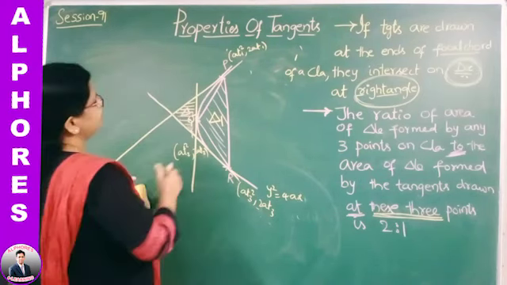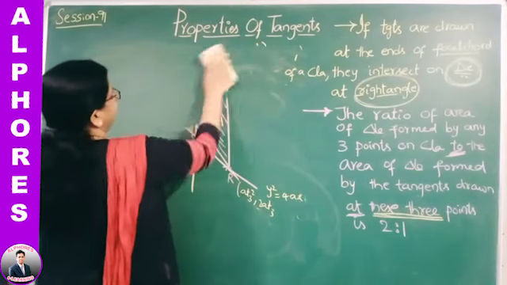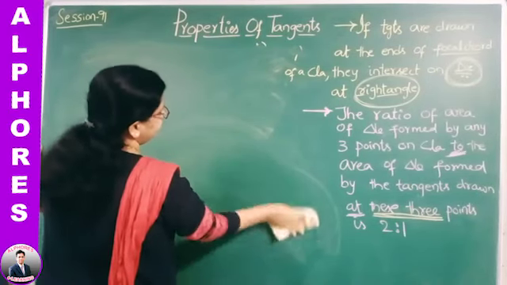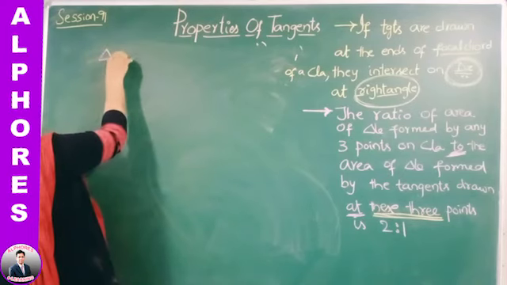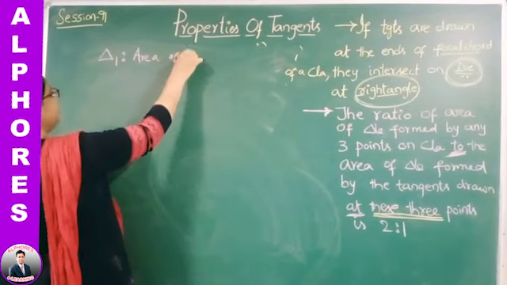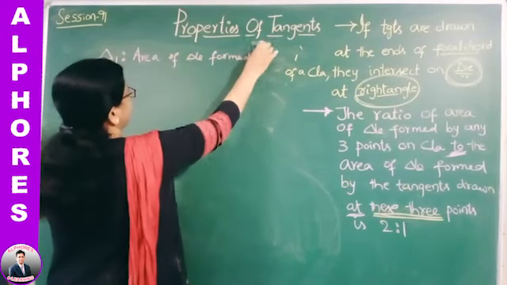So first of all, what is the area of the triangle formed by the 3 points on the parabola? Let delta 1 be the area of the triangle formed by 3 points on the parabola.